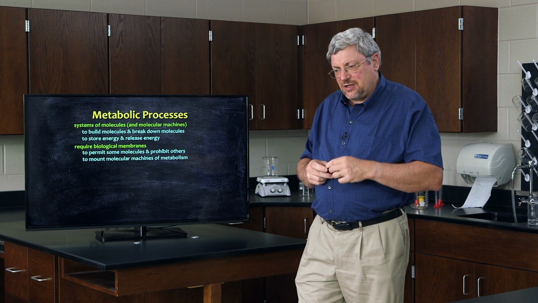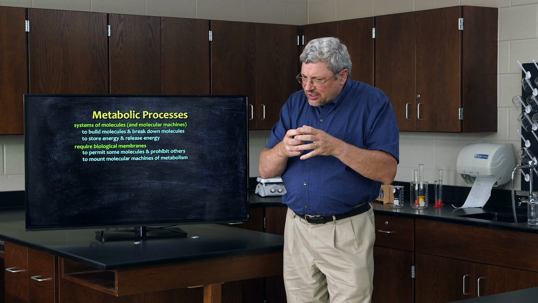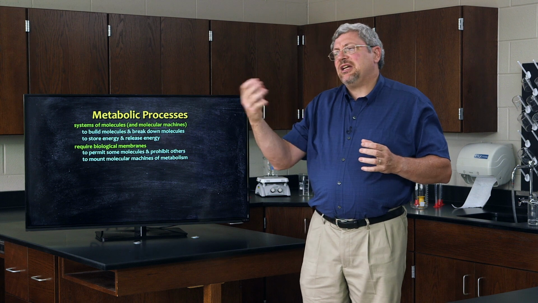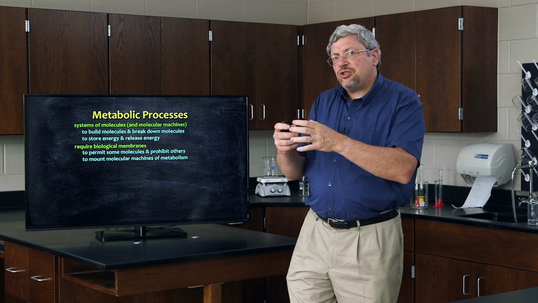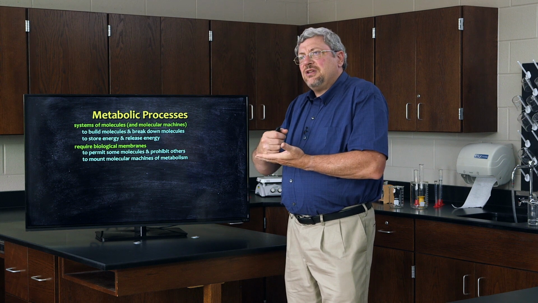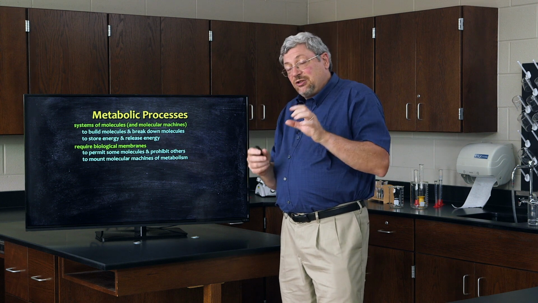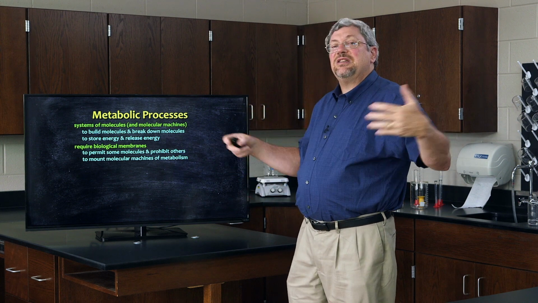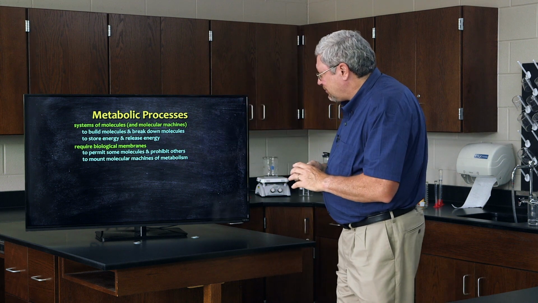These metabolic processes, these activities of metabolism, require essentially little tiny molecule-sized machines. And analogous to machines we might have in an automobile assembly plant, those machines, to operate well, usually have to be placed on a solid surface, or at least a surface that will allow them not to move around too much, especially to make sure that the machines are in the right order, so that if they have to do something in a sequence, the machines are already in the right order for the sequence to occur properly.